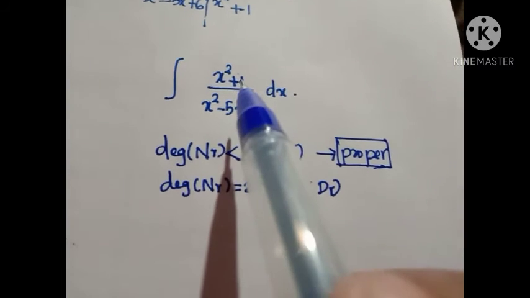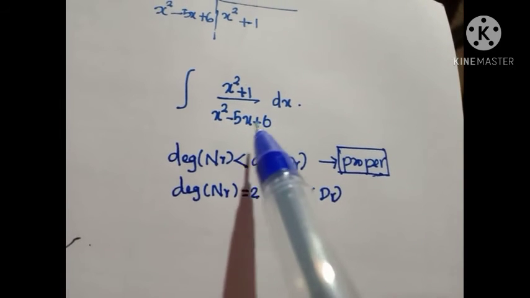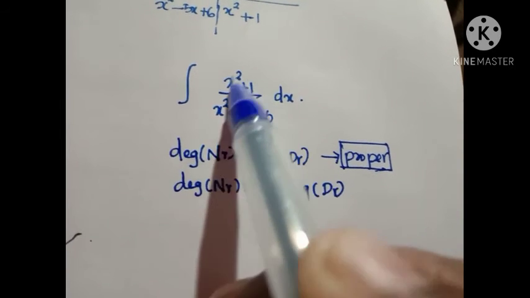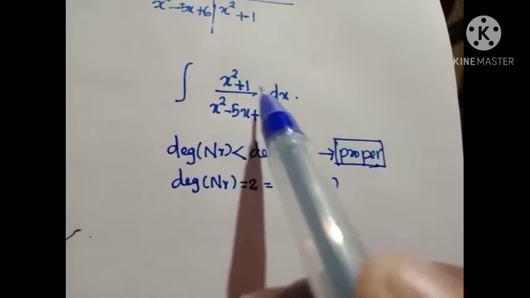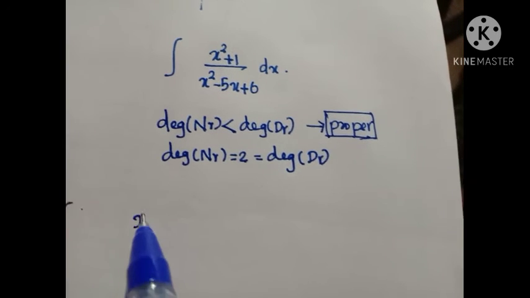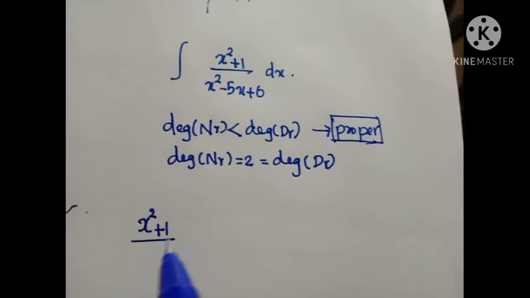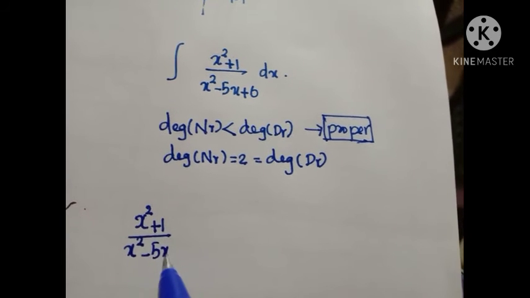So we need to convert this improper rational function into a proper one. For this we divide x square plus 1 by x square minus 5x plus 6 by the long division method. Otherwise, listen, there is another method to convert this into a proper rational function.